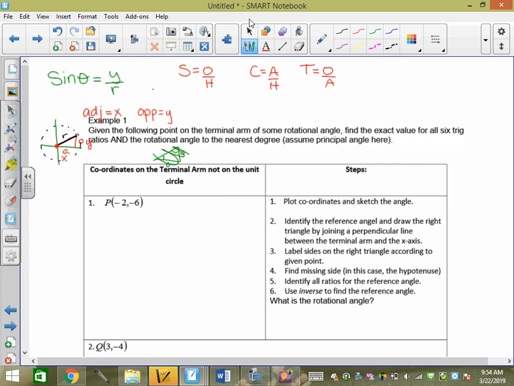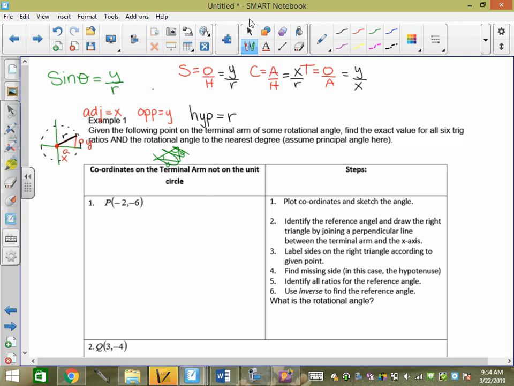So wherever I had opposites, I'm now going to have y's. Wherever I had adjacents, I'm now going to have x's. And wherever I had hypotenuses, I'm going to have r's. So I'm going to get y over r, x over r, y over x. Their reciprocal trig identities, which are cosecant, secant, cotan, are just those answers flipped.